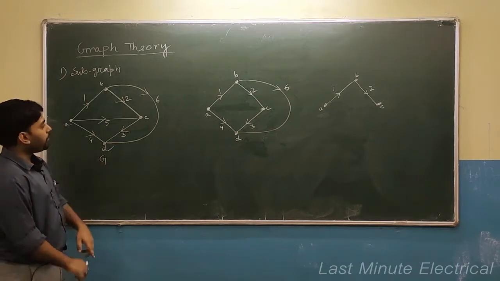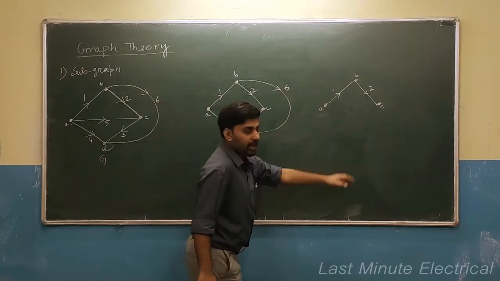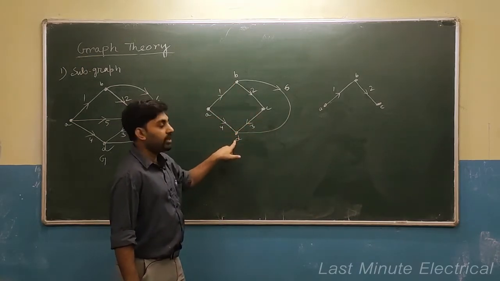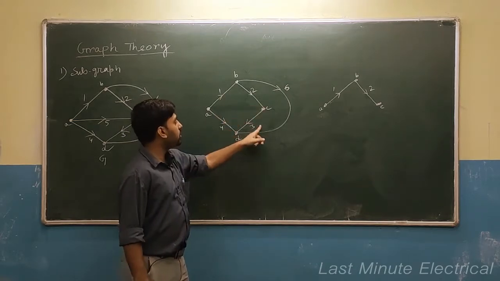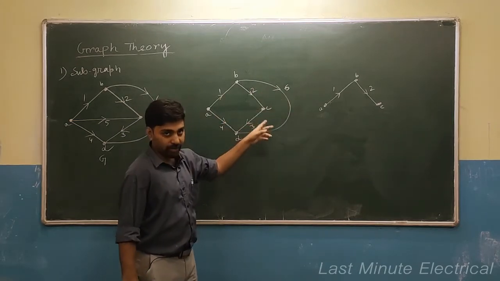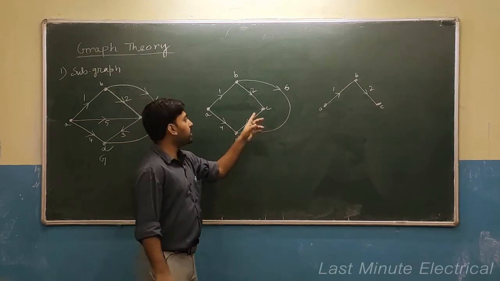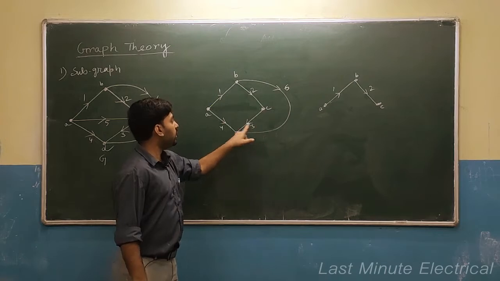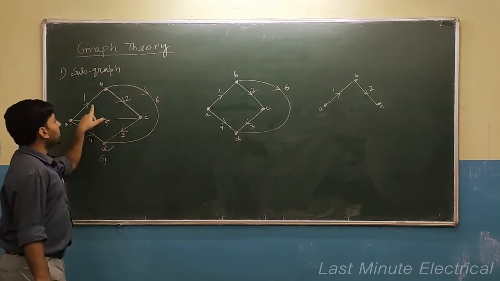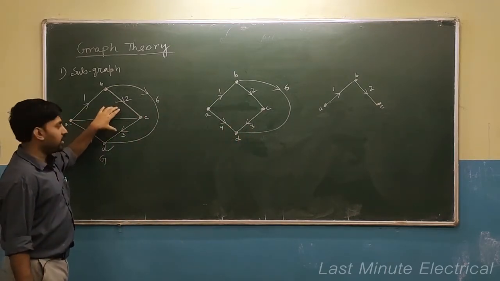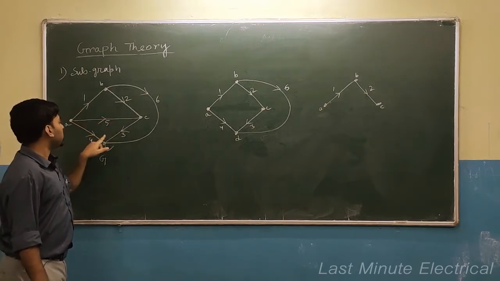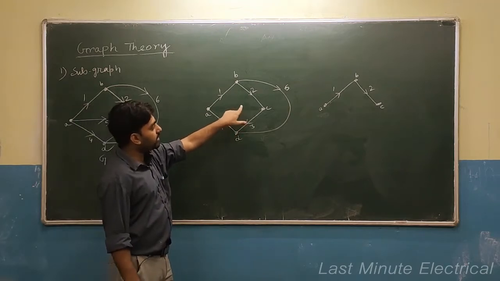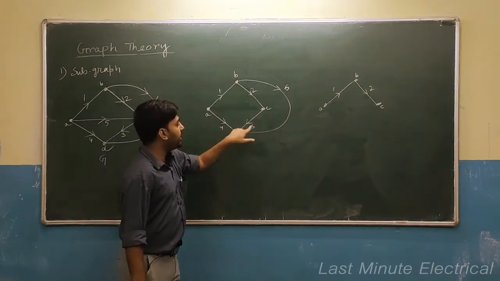Now I have drawn two graphs, you can see here. Check this graph. This graph has A, B, C, D nodes and 1, 2, 3, 4, 6, these 5 branches. All these 5 branches are also present in the main graph. This main graph contains 1, 2, 3, 4 and 6 branches also.